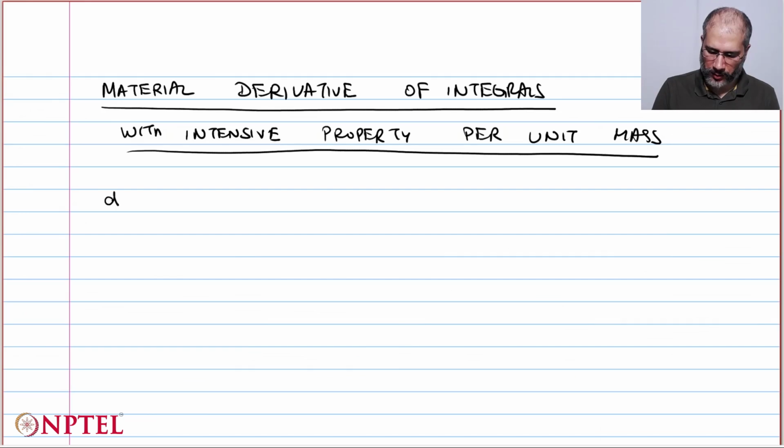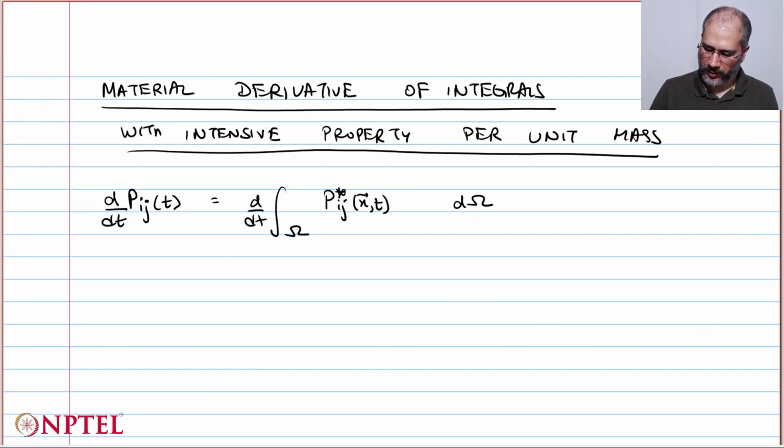So we defined the material derivative of the extensive property P as the material derivative of the integral over the current volume omega of the corresponding intensive property, which is a function of small x and t. So that's the Eulerian description.